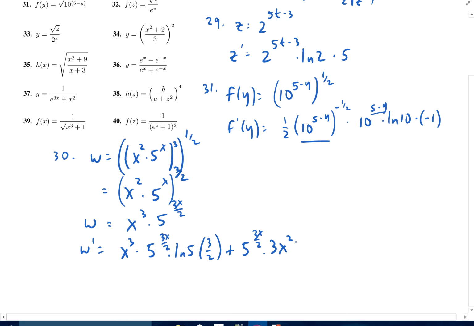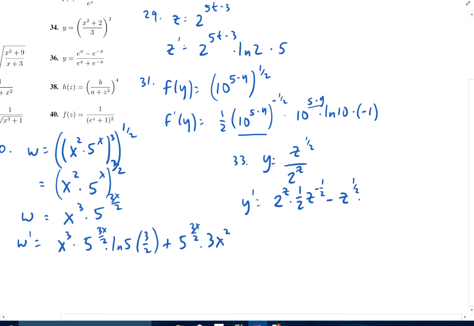And 33, y equals z to the 1 half over 2 to the z, so y prime is the bottom, times the derivative of the top, minus the top, times the derivative of the bottom, 2 to the z, natural log of 2.